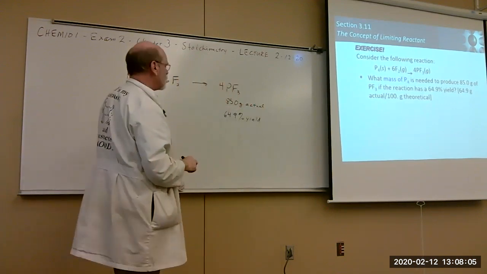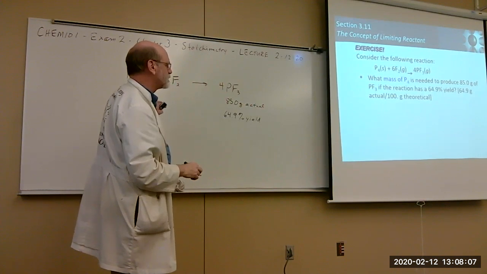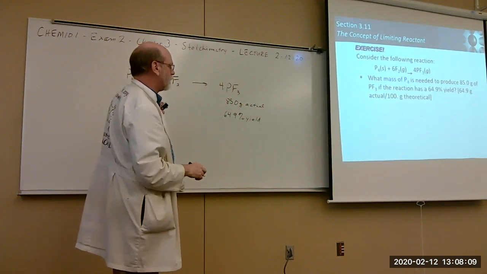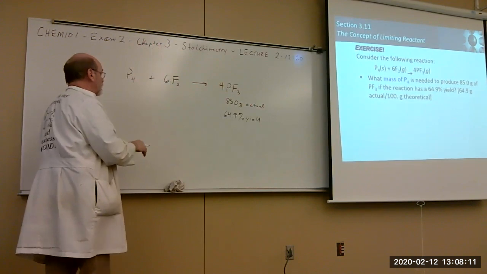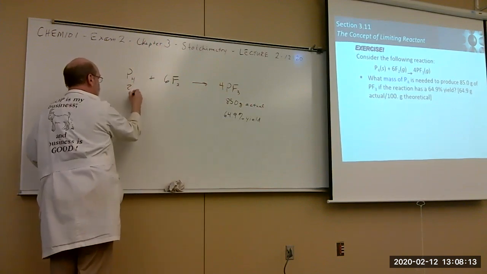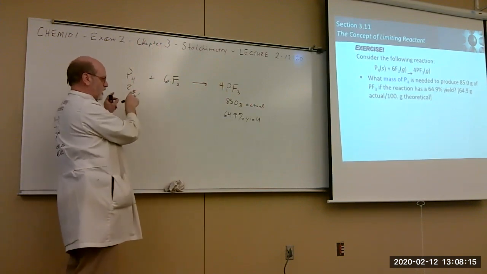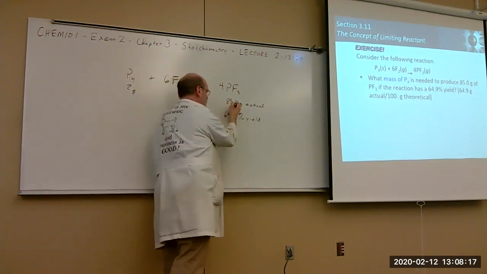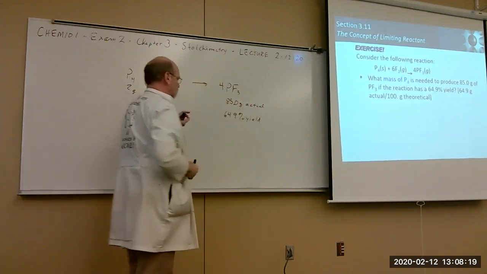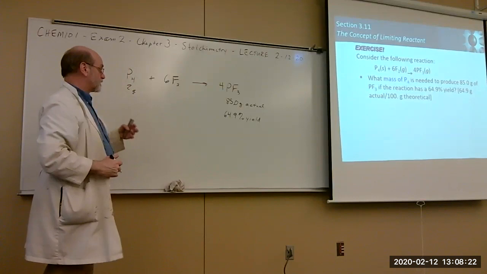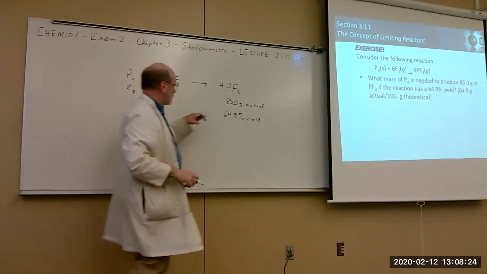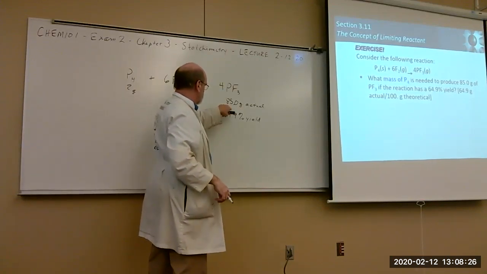Okay, so let's see, 85. Yep. So that's all the information we need. The question is, how much of this do we actually need to start with to give us this amount? So can you use this in the calculation?